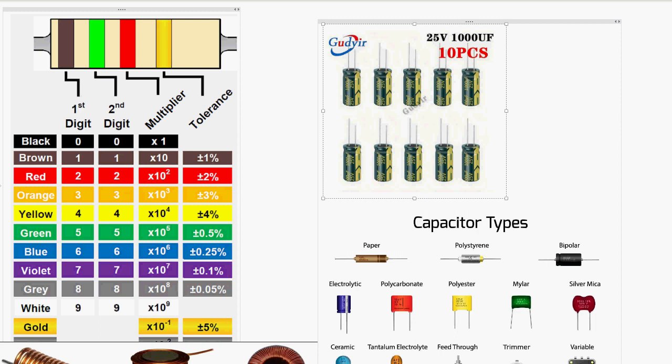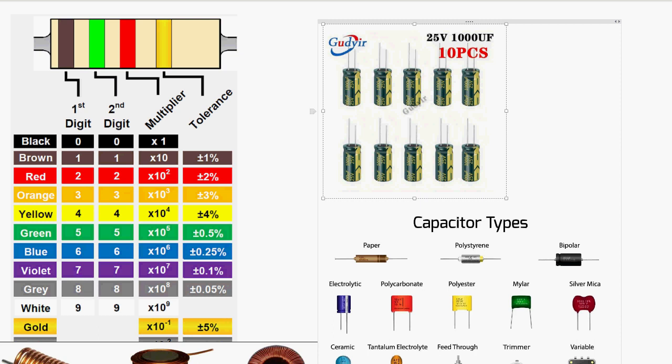And this capacitor, I show one of them. One lead is longer. It has a polarity, and you cannot use the wrong polarity because the breakdown voltage is different. It's called an electrolytic capacitor. In order to increase the capacitance, they use very thin insulation layers. So usually the breakdown voltage is low.